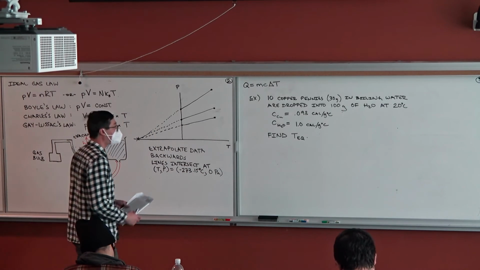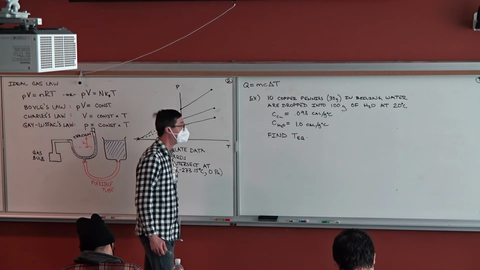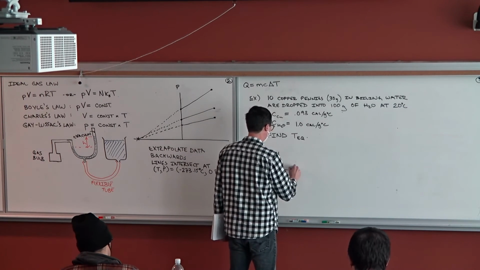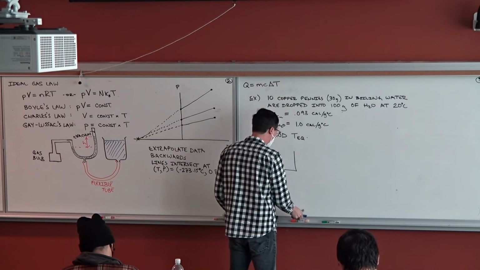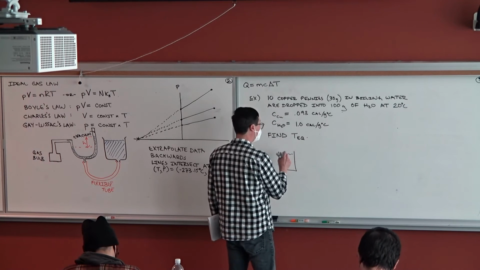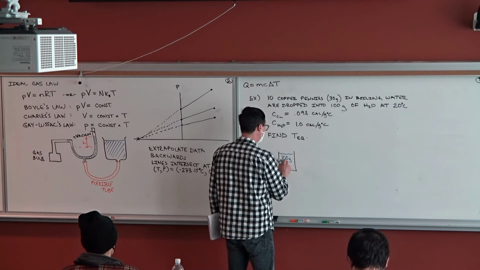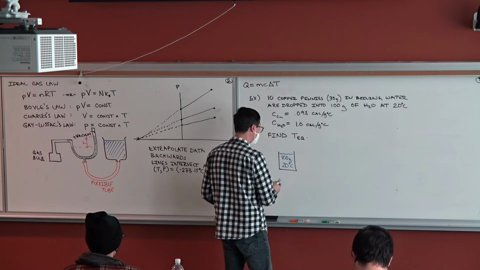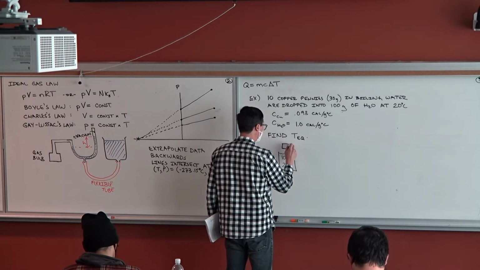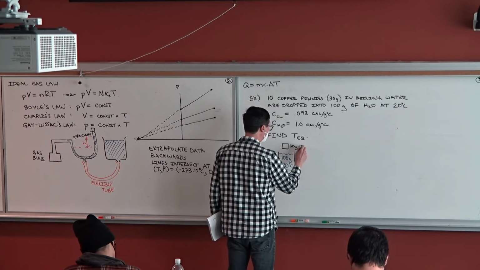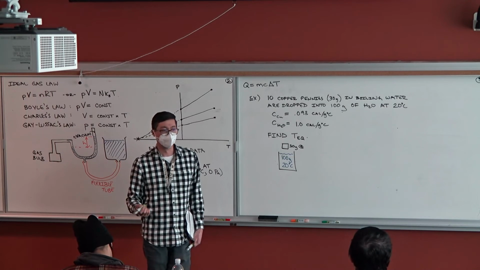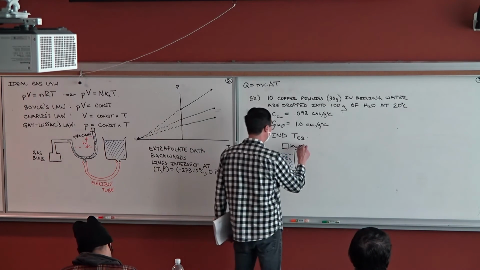And so, can you help me block diagram this? So we have 100 grams water, 20 degrees Celsius, and then we have 30 grams at, what's the temperature initially for the copper? 100 Celsius?